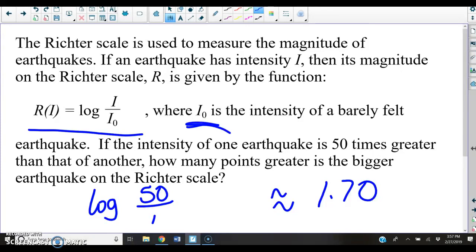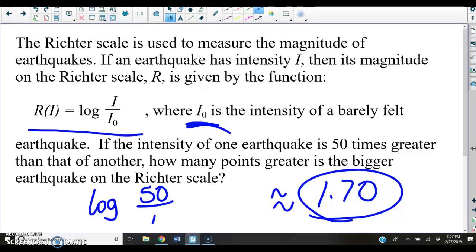So when they say, okay, the earthquake in Ethiopia was 6.2, but the earthquake in Japan was 7.9. That is a lot bigger, okay? Because that is going to be a difference of 1.7.